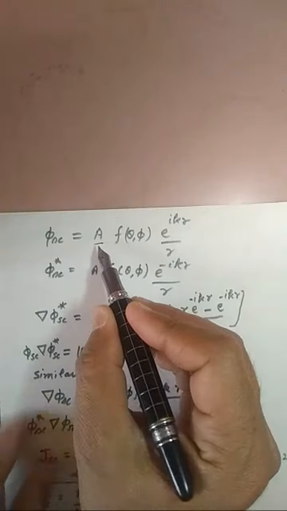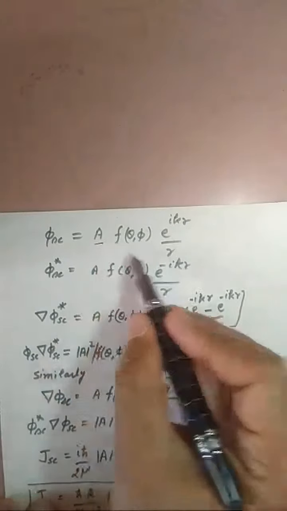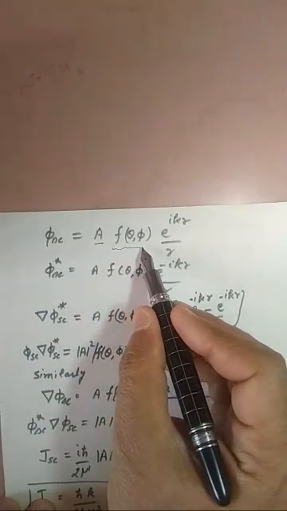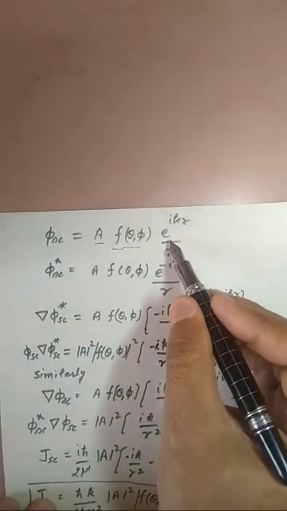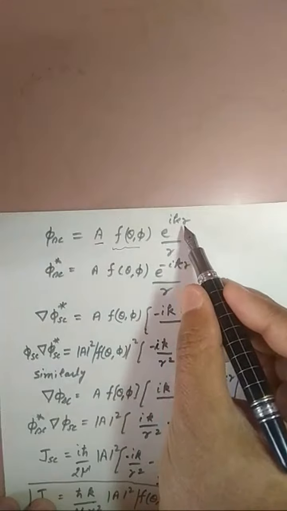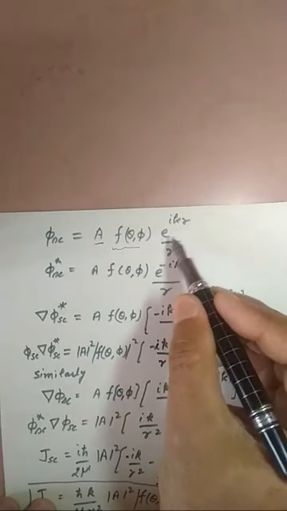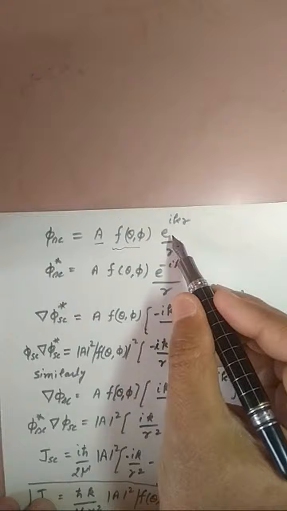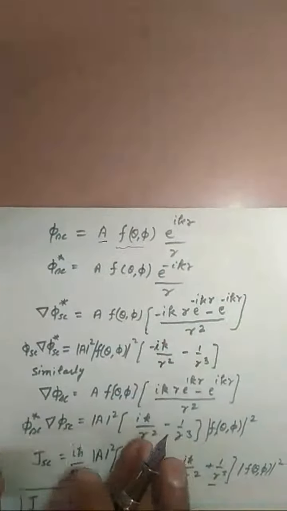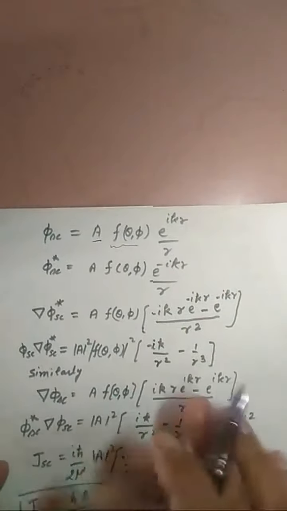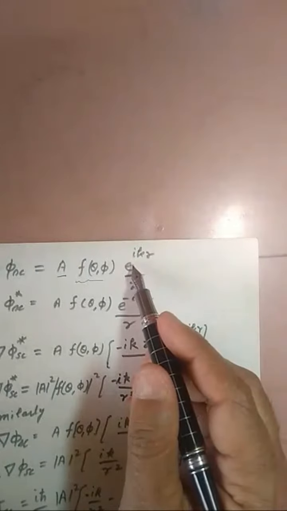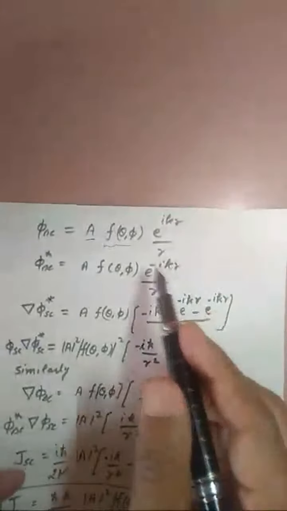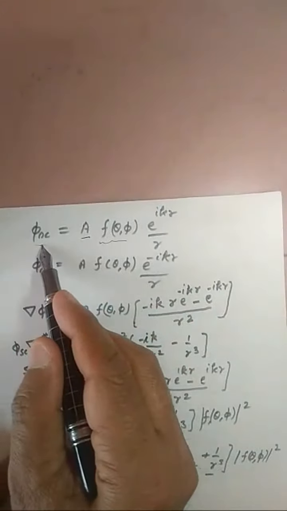A is the normalization factor, and f of theta we call the scattering amplitude, and this e to the power iota kr represents the wave which is moving in the radially outward direction, which we denote with the exponential iota kr. So this is the scattered wave function.